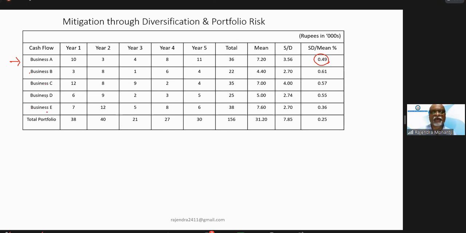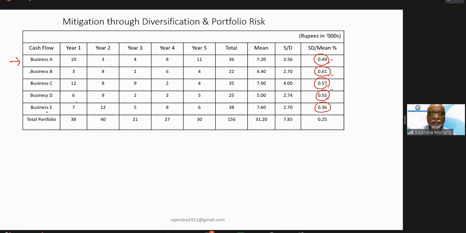So I can say that suppose business A was there where the risk was 49%. Now he has added 4 more businesses, B, C, D, E. So there are different cash flows, different profits. So I have calculated each one. So that means business B is 61% risky, business C is 57% risky, business D is 55% risky, business E is 36% risky.